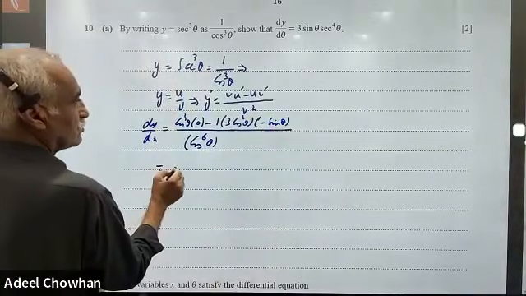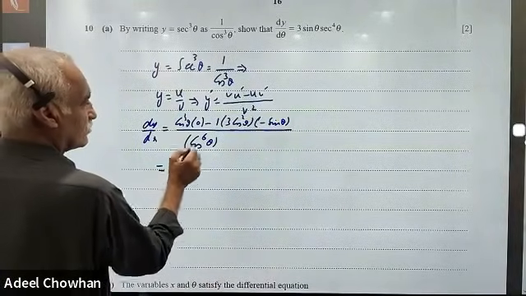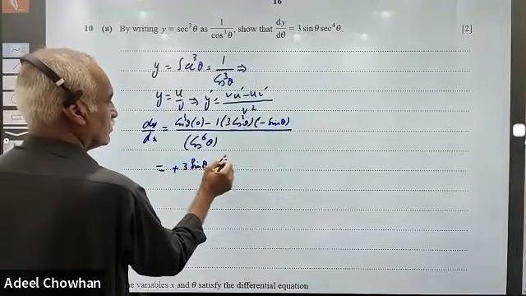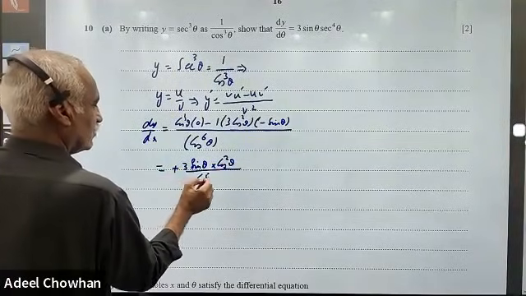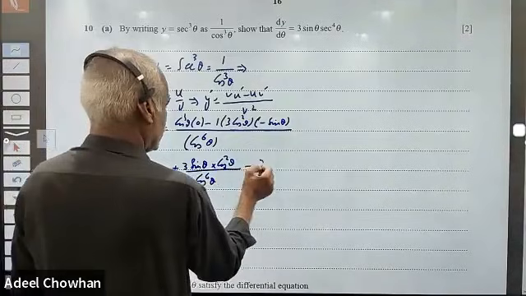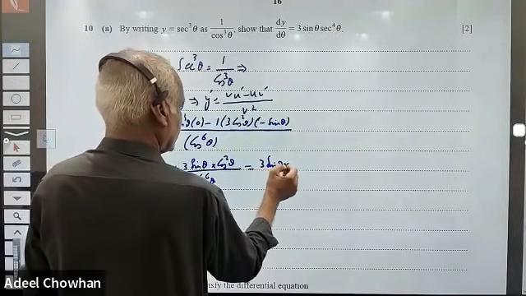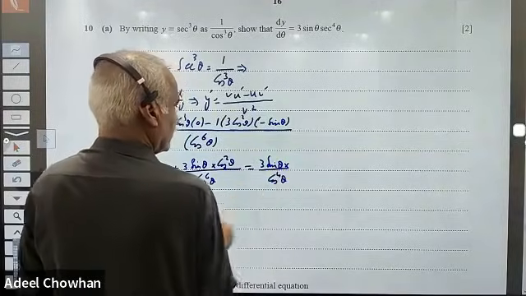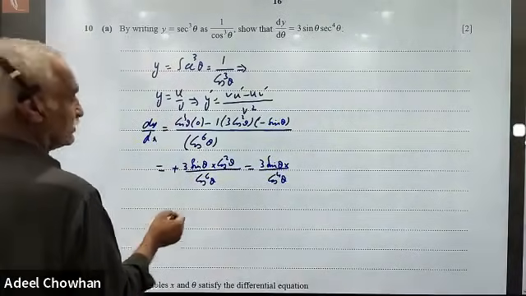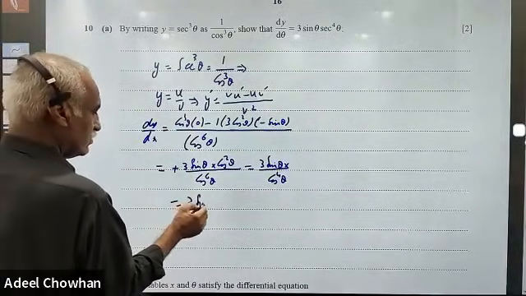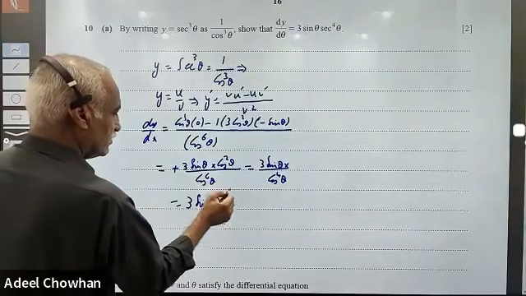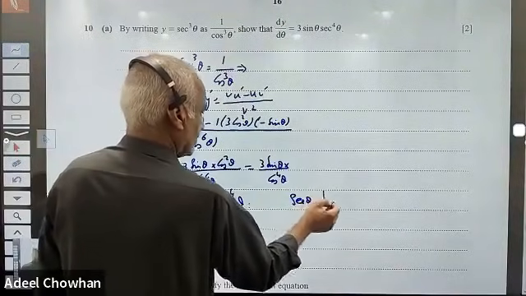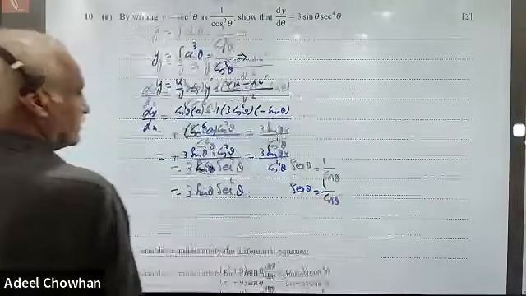So that will become equal to minus 3 plus 3 sine theta into cos square theta over cos 6 theta. So that is equal to 3 sine theta over cos 4 theta. And that is the thing we are going to prove, that it is equal to 3 sine theta into secant 4 theta, as secant is the reciprocal of the cos function there.